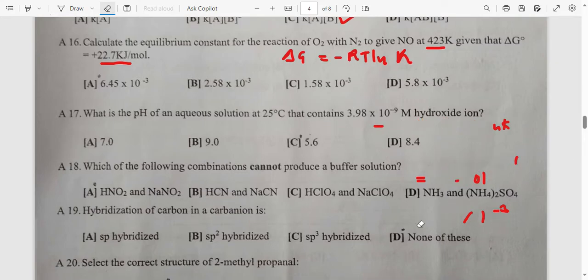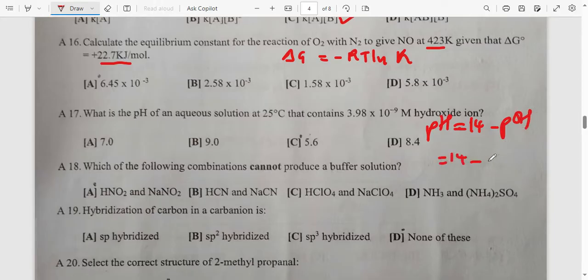What is the pH of an aqueous solution at 25 degrees that contains 3.98 times 10 to the power negative 9 molar of hydroxide? Now I want to calculate the pH, but you've been given the concentration of hydroxide. pH is given by 14 minus pOH. pOH is given by negative log.